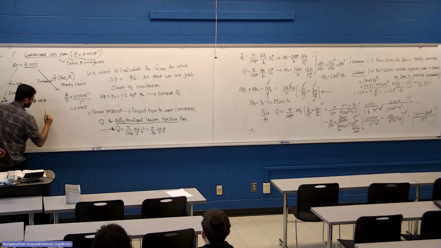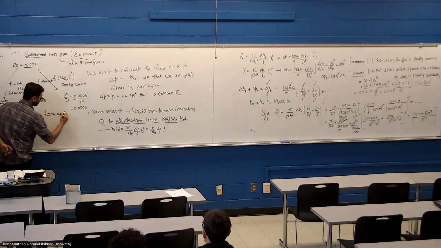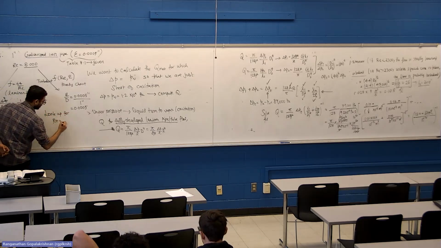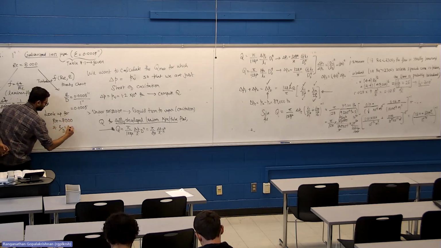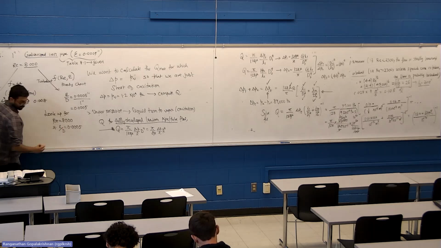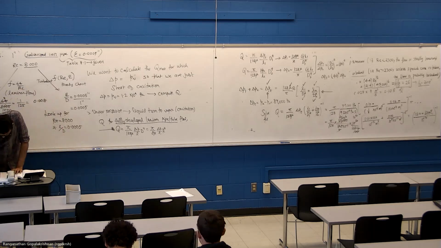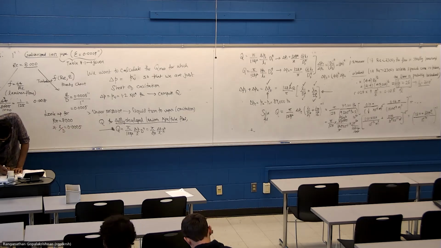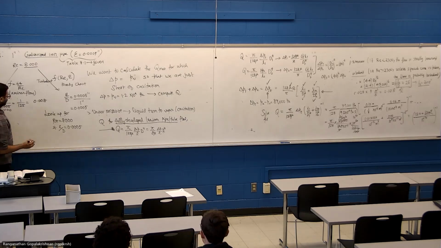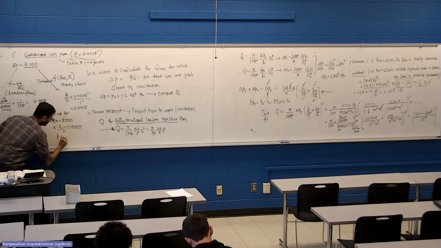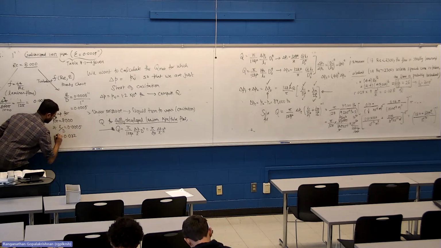So look up for Reynolds number equal to 8,000 and epsilon over D equal to 0.0005. If you do that, F comes out to be about 0.032.